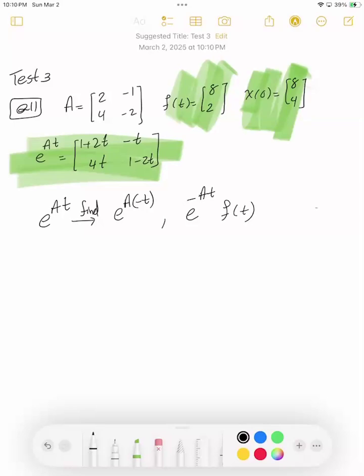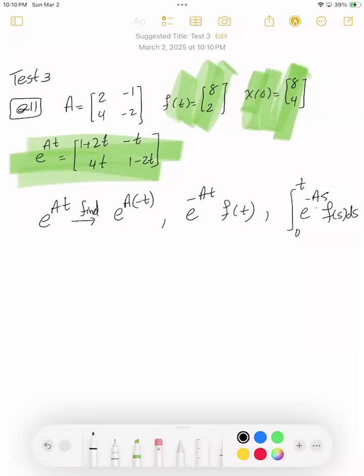Then you evaluate this integral with respect to s. All you have to do is change all the t's to s, and then evaluate it from 0 to t.